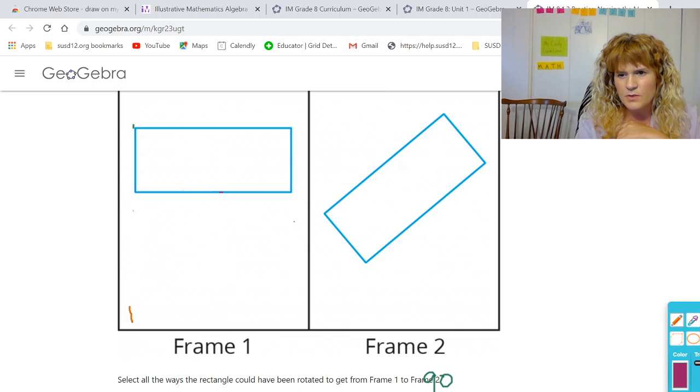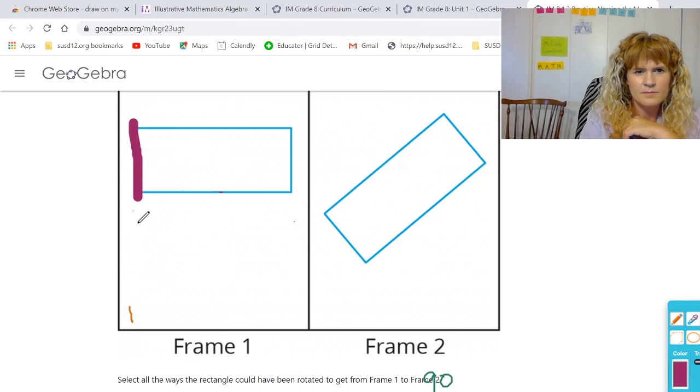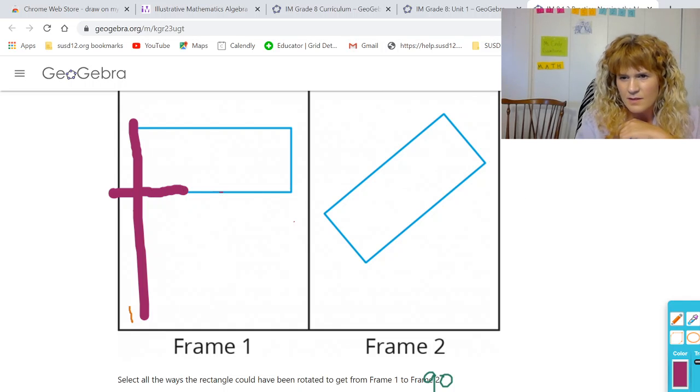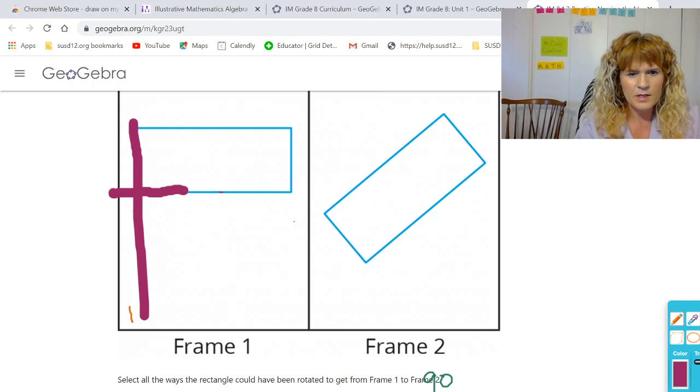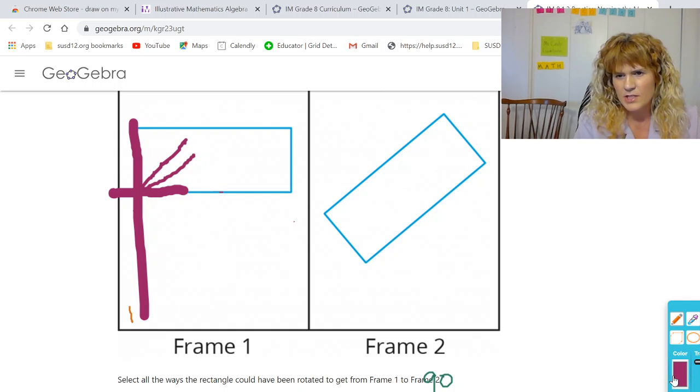So I'm going to draw my axis again. It kind of got wide on me. Okay, 40 degrees counterclockwise. So if this is 45 degrees, then 40 degrees is just a little under there. Now let me change colors and I'll draw my box again.